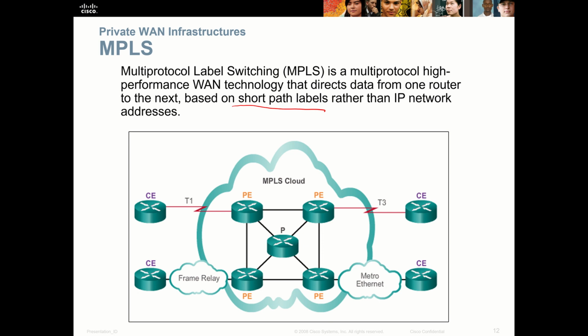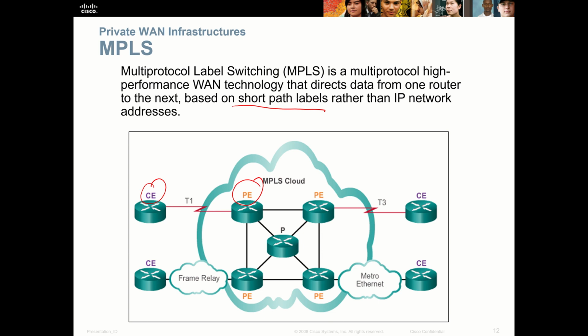They try to solve this problem by making the first router decide its future route. If you look at this diagram, there are many routers. Basically it makes the first router decide the route. In the diagram we have the CE and PE.